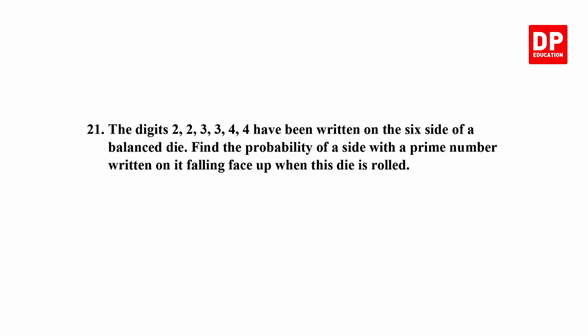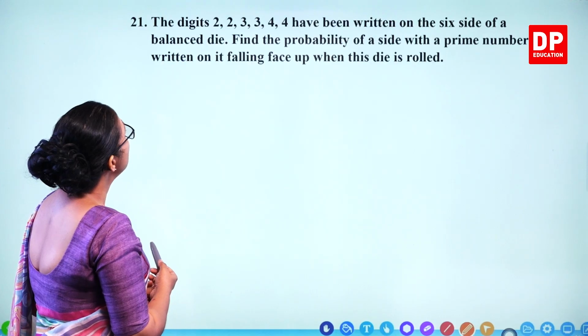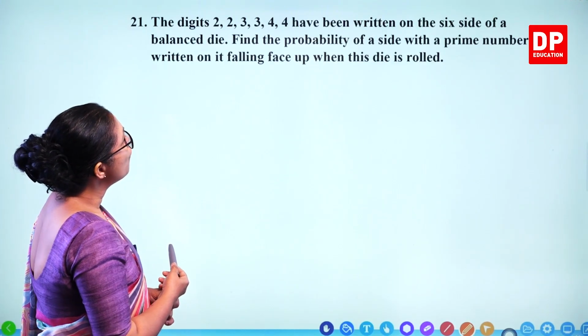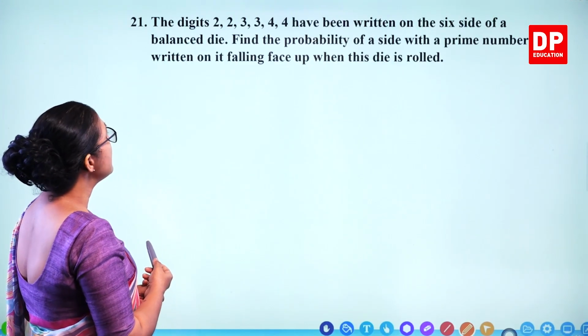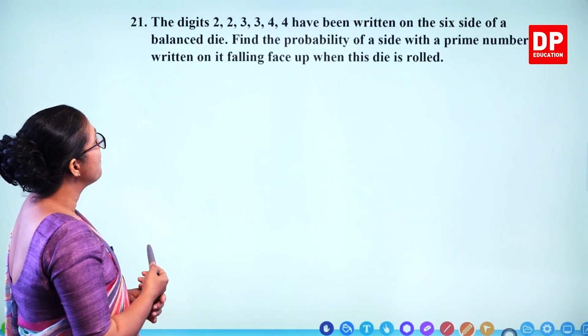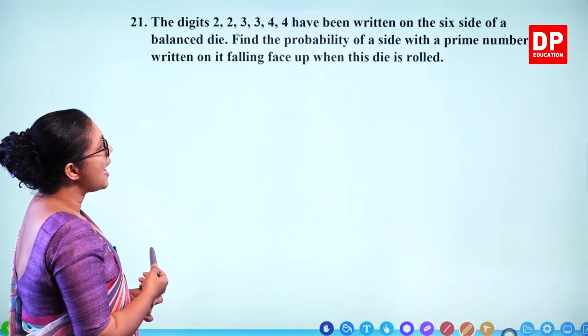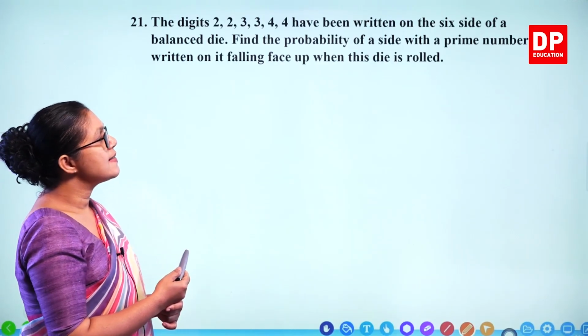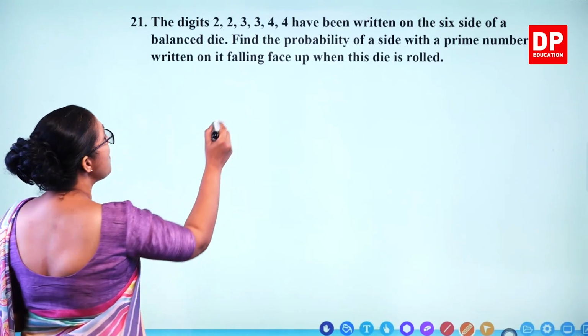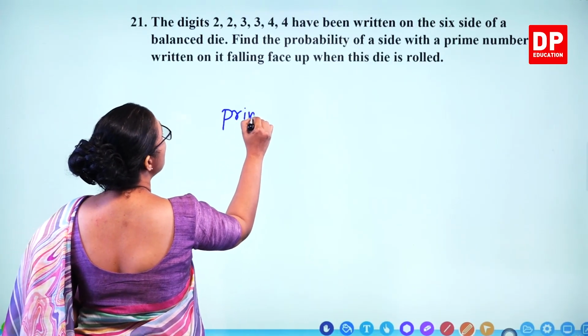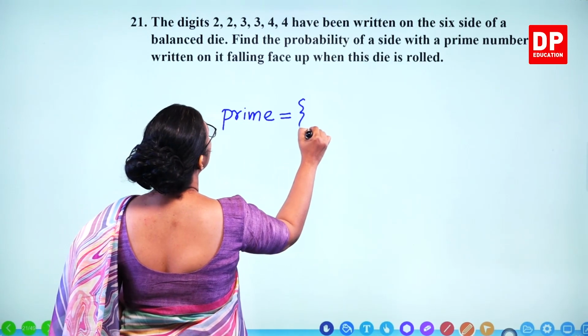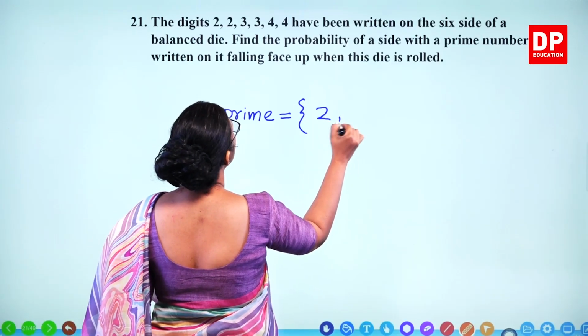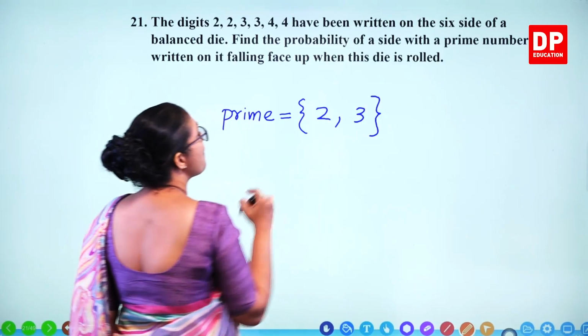Question number 21. The digits 2, 2, 3, 3, 4, 4 have been written on the 6 sides of a balanced die. Find the probability of a side with a prime number written on it falling face up when this die is rolled. What are prime numbers? 2 and 3.